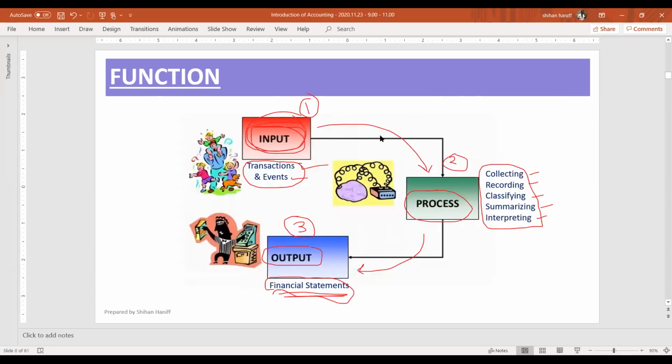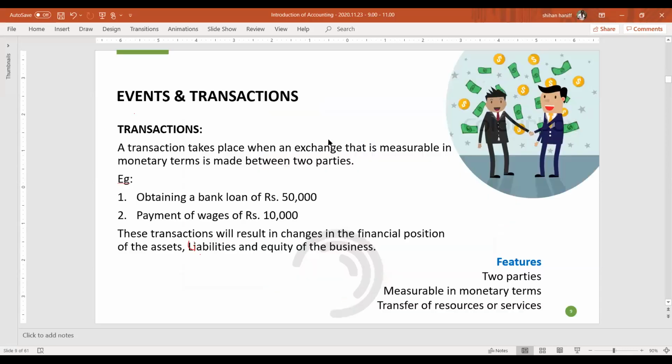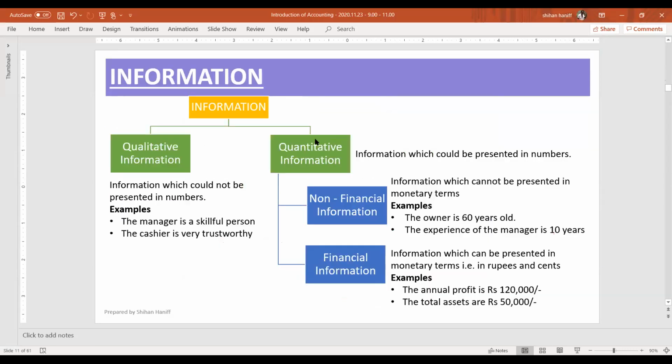Before that, let's see what is information. Information means processed data, as you may have studied in IT. This information we can use for decision making. Information is used for decision making.